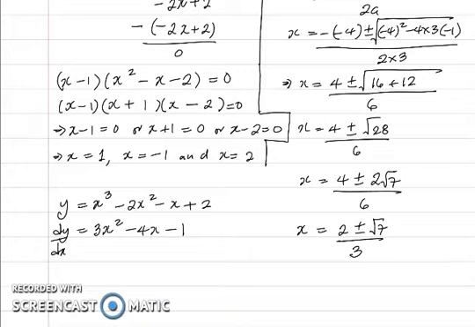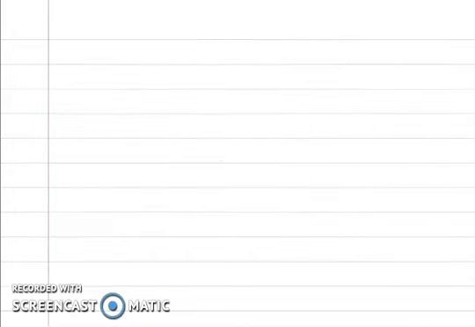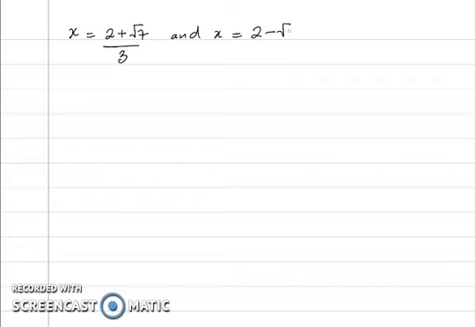All right, let's continue. So we have the values of x at the turning point. And as I said before, the two values of x are x is equal to 2 plus the root of 7 over 3, and x is equal to 2 minus the root of 7 over 3.